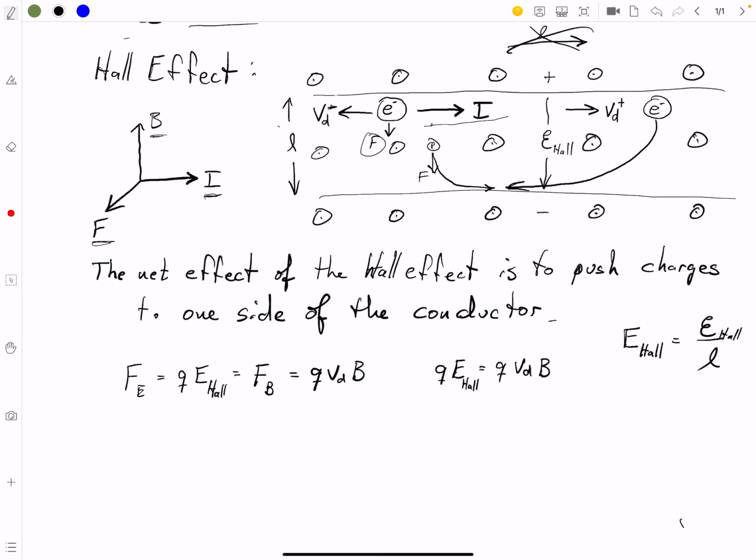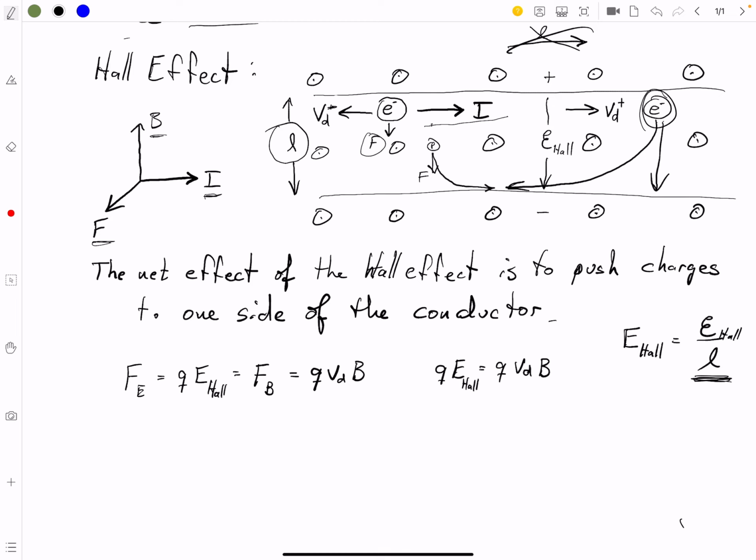We're talking about the width, actually. And the length is purely the distance that this charge can go to the other side. It can only go from one side of the conductor to the other. So that's this length.